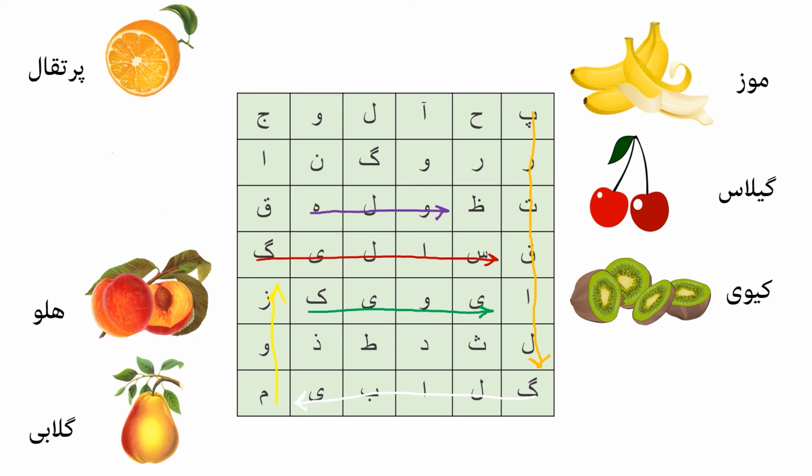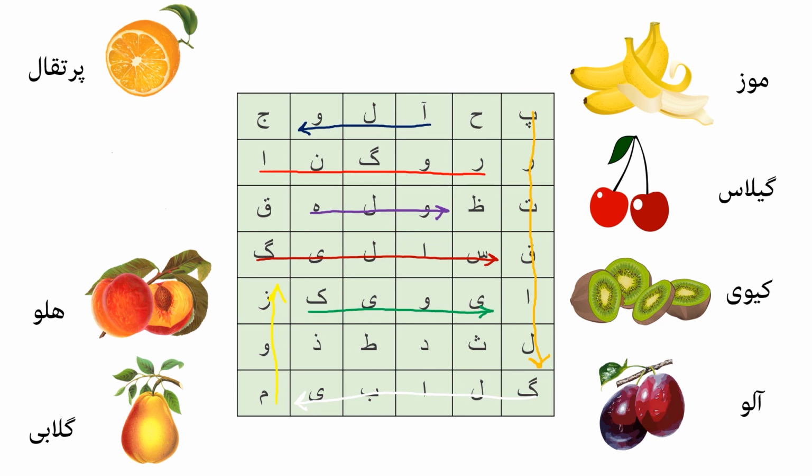The delicious sweet sour aloo is waiting for us. Where is it? It's on the top of our table here. Aloo. And its photo is here. The last but not least in taste is angur. Angur. It's here from left to the right. Angur. And the sweet angur is here.